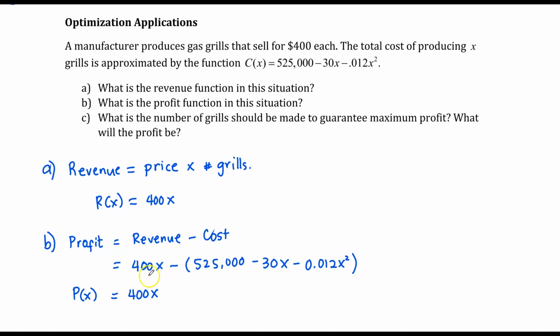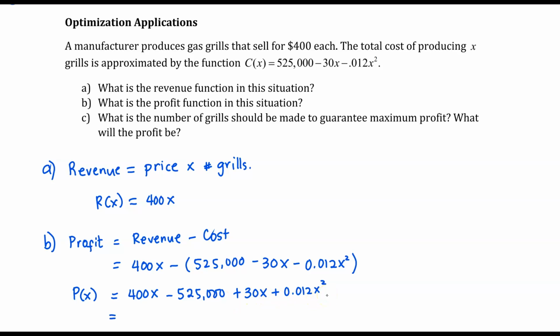You distribute the negative sign to each term in the parentheses. So we have negative 525,000 plus 30X plus 0.012X squared. And then you combine similar terms and arrange the degrees of the variable in decreasing order.